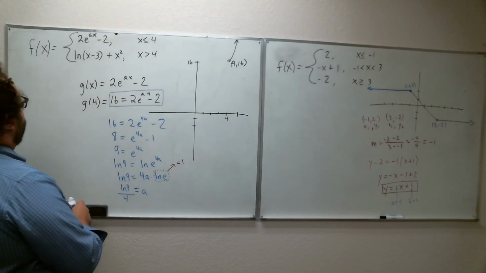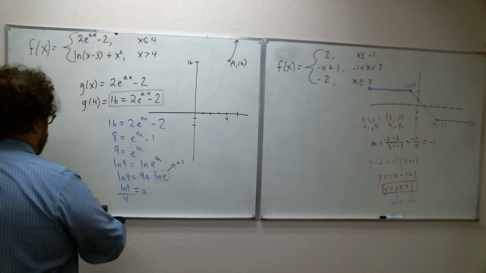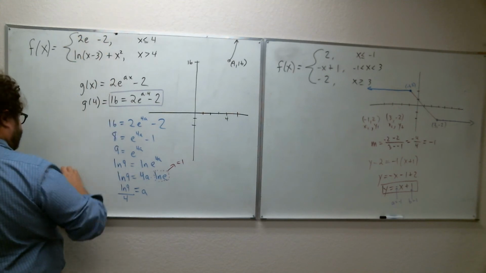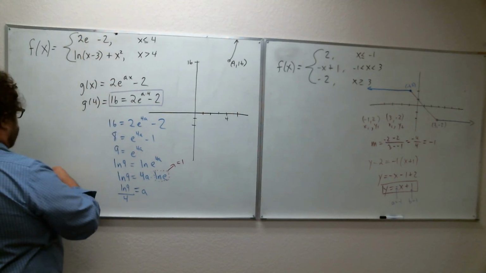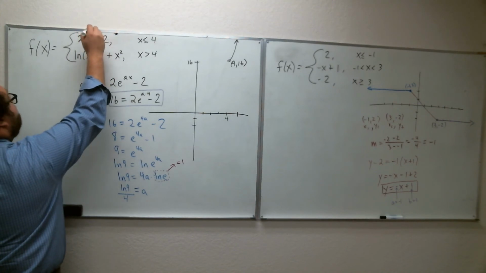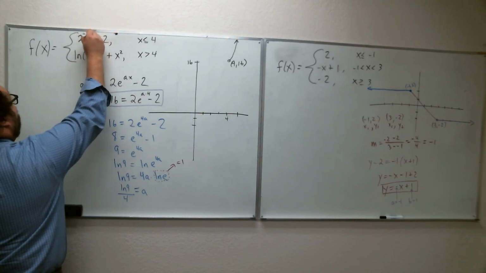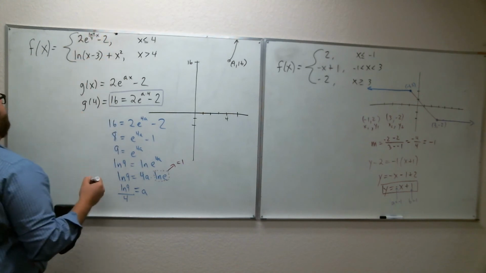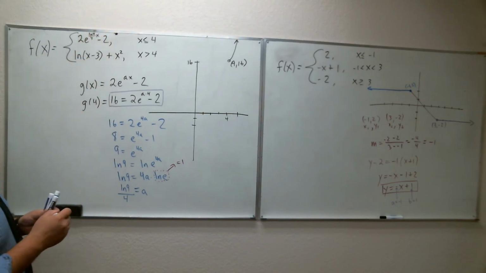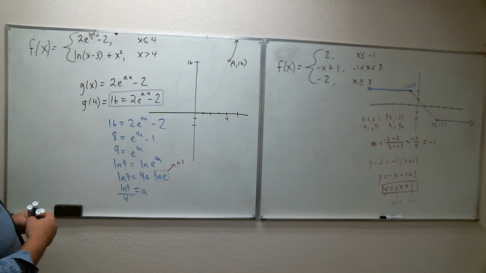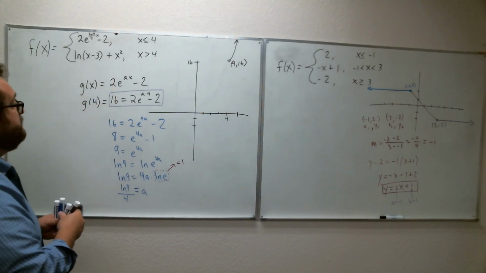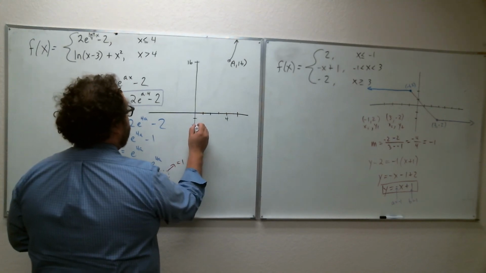Okay? If you go back up here, we can write natural log of 9 over 4 times x. That will give us an exponential function. Okay, it's going to be an exponential function that's shifted down 2 units. It has a horizontal asymptote down here.